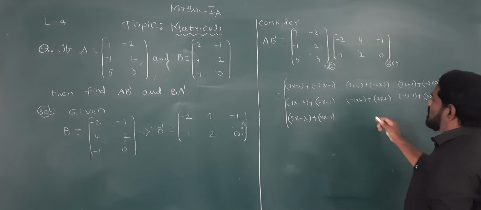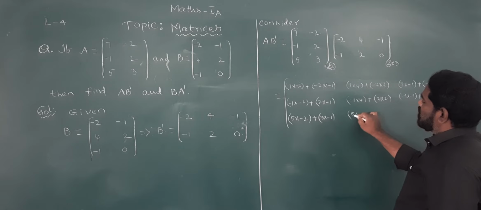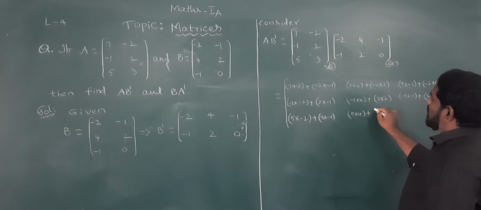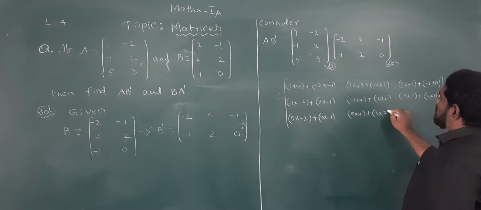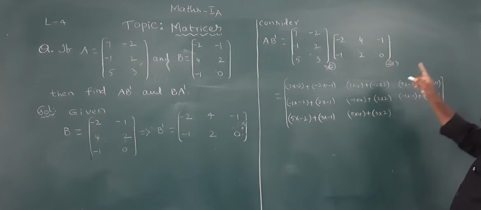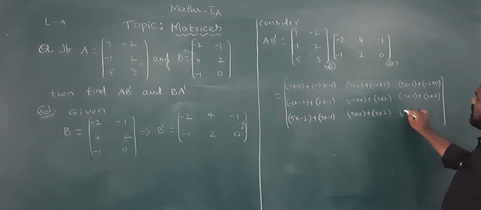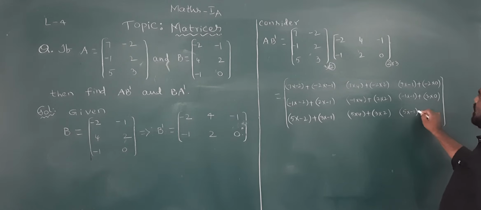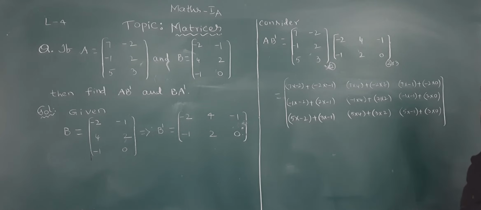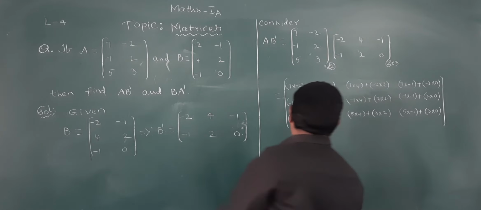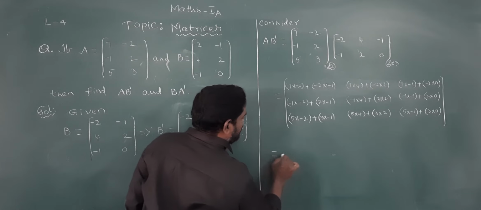Third row, second column: 5 into 4 plus 3 into 2. Third row, third column: 5 into -1 plus 3 into 0. So, it can be taken like this.